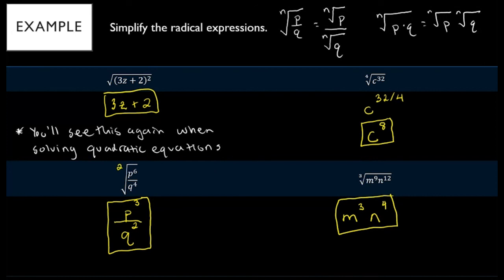So this is the really, really basic stuff of simplifying radicals. And I wish I had thought to open up the textbook to show you where we're going from here, because it's really important to understand this so that the next part makes more sense.